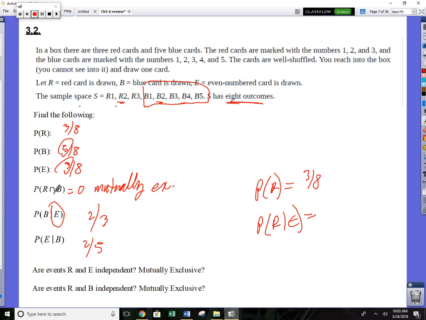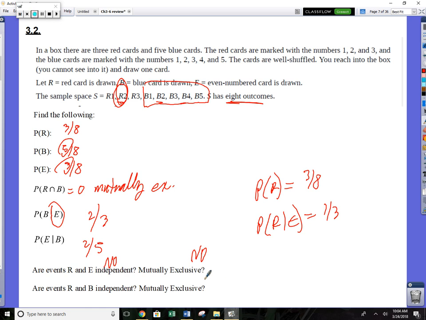We didn't do that. We're going to calculate it ourselves. So even, there are 3 and only one of them is red. So that's 1/3. And 1/3 is not the same as 3/8, so they are not independent. How about mutually exclusive? Is there any intersection? Can they exist at the same time? Yeah, this one is red and even, so that's also a no.